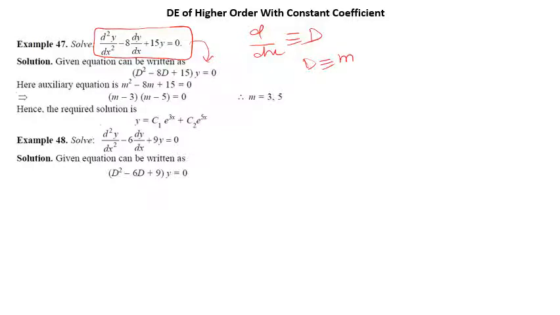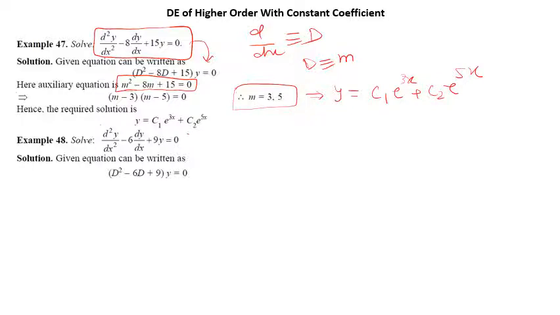Then this differential equation is converted into the auxiliary equation, this, right? This auxiliary equation gives two roots. The roots are this. If m is equal to this, then the solution can be written as y = c1 e^(3x) + c2 e^(5x).